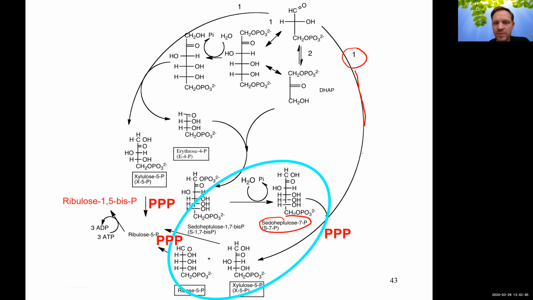So all the way down here, you bring them together. And what you're generating with those, that's another pentose phosphate pathway reaction. You're now generating another molecule of xylulose 5-phosphate, and another molecule of ribose 5-phosphate, okay?